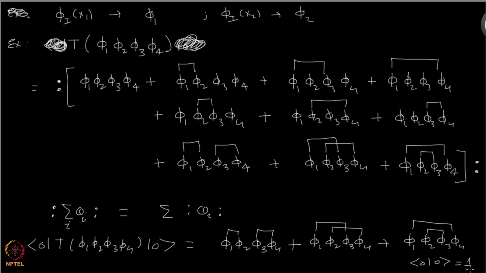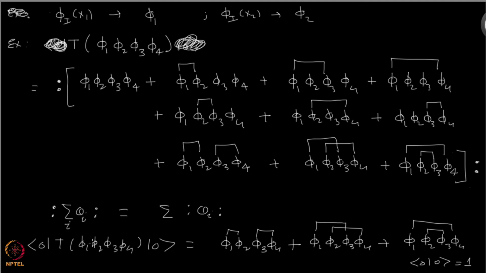So you see that our problem has now reduced to writing the time order product of several fields in terms of normal order.